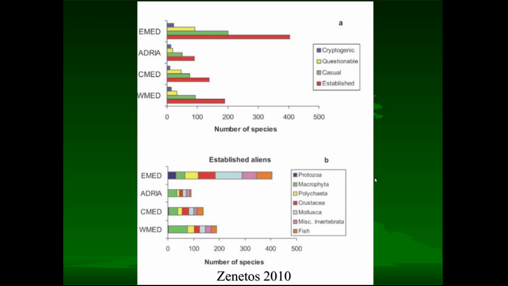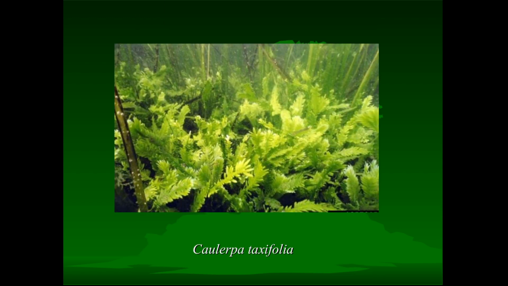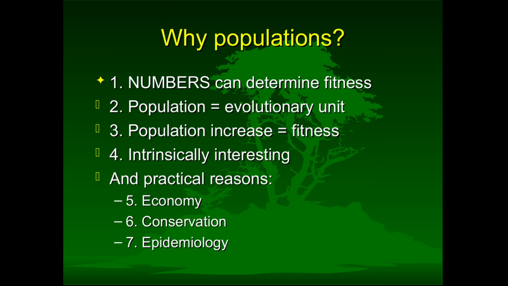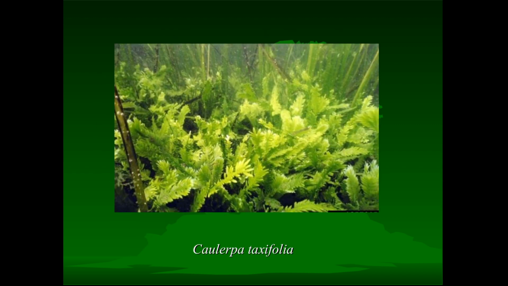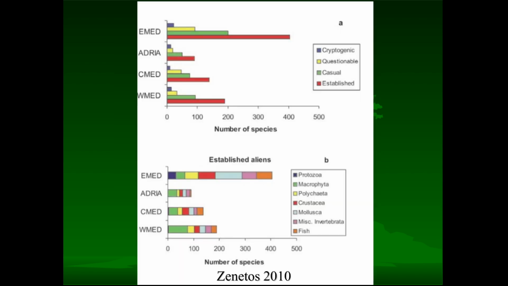And probably the most well-known marine invasive species in the Mediterranean are the invasive algae Caulerpa taxifolia and Caulerpa racemosa. Overall, there are now nearly 400 invasive species in the Mediterranean, including over 100 in the Adriatic, from several taxonomic groups: protozoans, crustaceans, fish, macrophytes, large algae, mollusks, polychaetes, and other invertebrates.